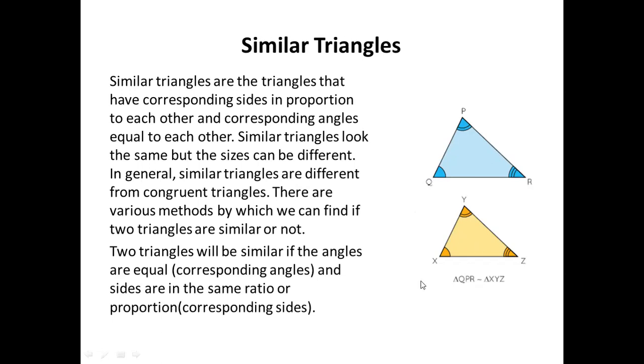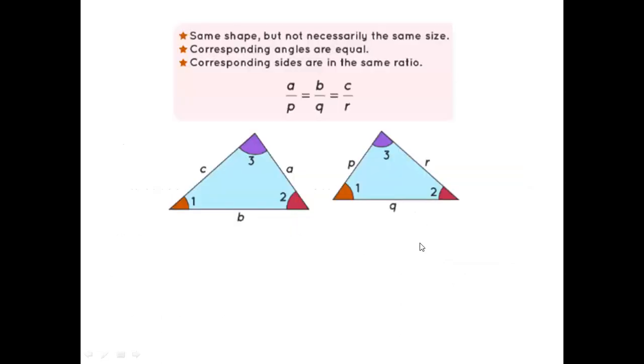So we'll have these angles equal, and the ratio of their sides is corresponding, so we have the same ratio between their sides. We'll see on the next slide. So here, they have the same shape but not the same size. Corresponding angles are equal, and the ratio between the corresponding sides.